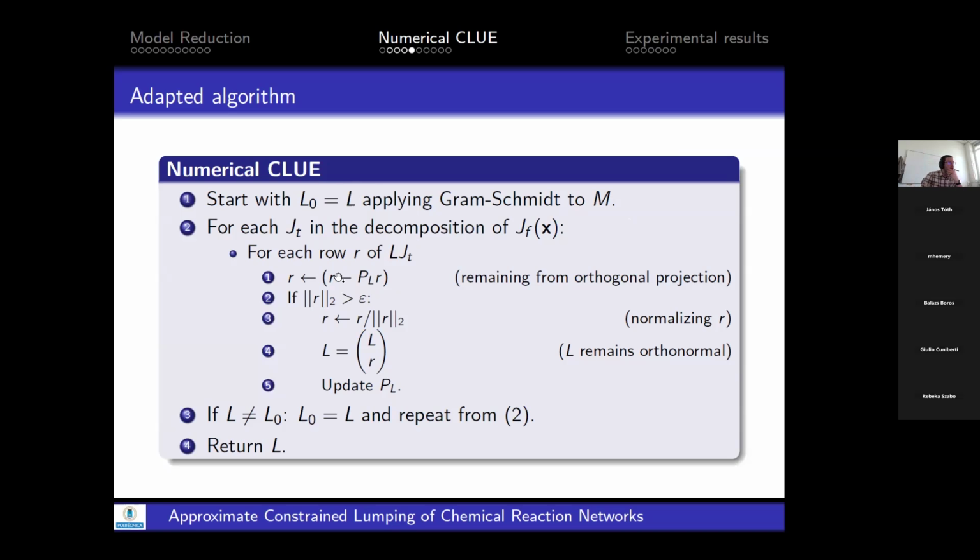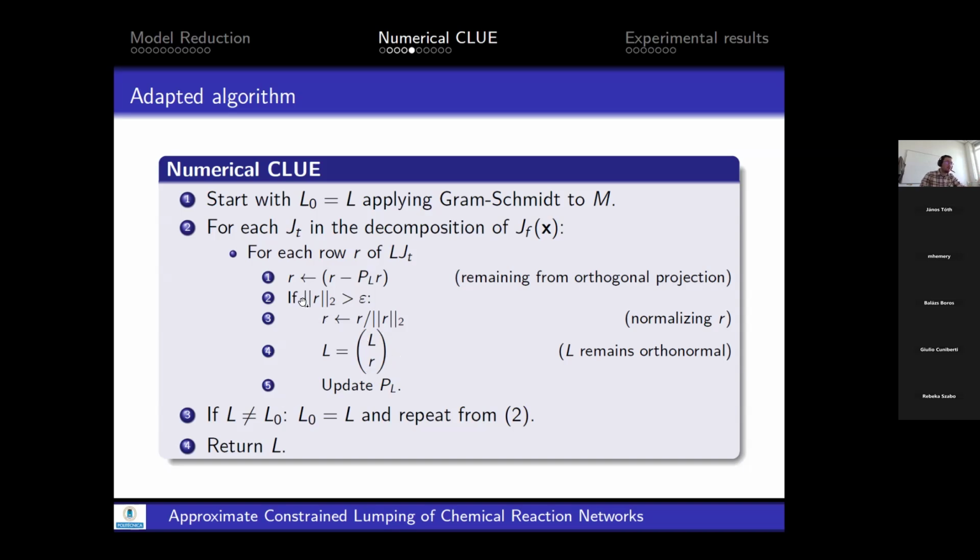This is what gives me the distance. Then we check if the distance is too big. If so, we normalize this new row and we add it to the matrix L, which keeps it orthonormal.